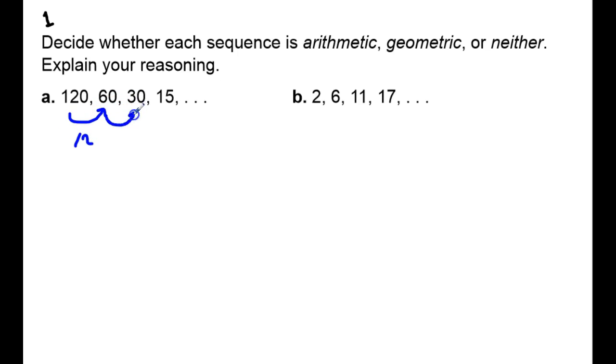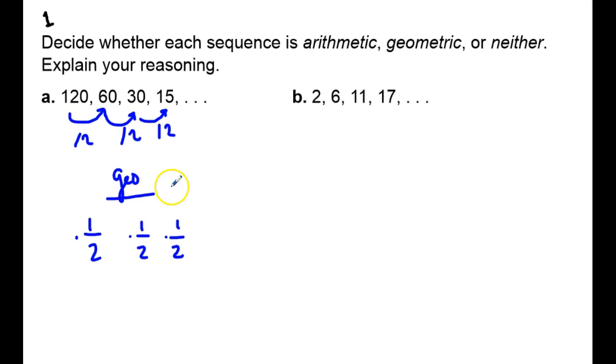To get from 60 to 30, I divide by 2. And then I divide by 2 again. So this ratio is the same, so this is geometric. And you might say, before we were multiplying by something. Well, dividing by 2 is the same thing as multiplying by 1/2. So I'm multiplying each of the terms by 1/2 to get to the next one. I'm still multiplying, so this is a geometric sequence.